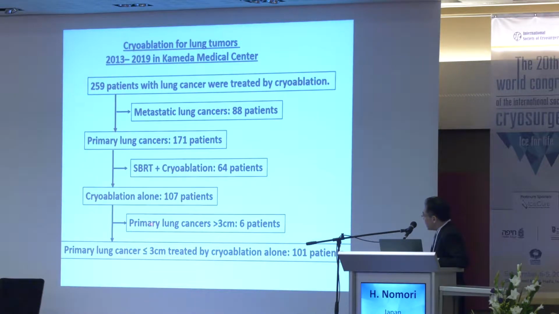Of these, 6 patients had primary lung cancers larger than 3 centimeters. And the primary lung cancer less than 3 centimeters treated by cryoablation of lung was in 101 patients. So I will present the clinical outcome of the 101 patients.